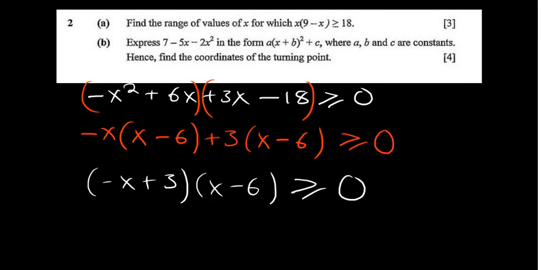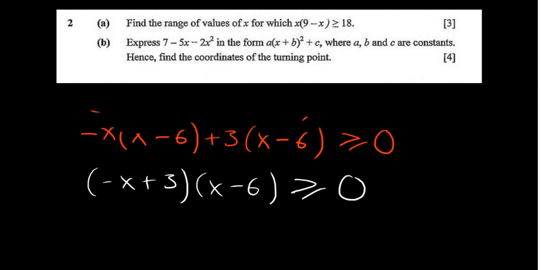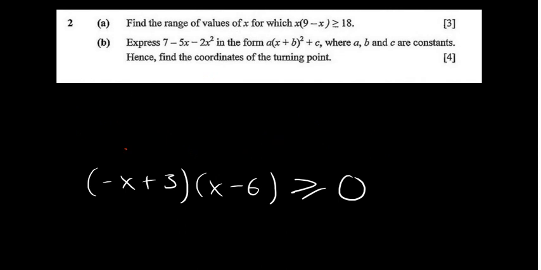How do we now answer it? We're trying to determine the values of x that are going to satisfy that inequality. So let's draw a number line. Let me draw a number line somewhere on top.